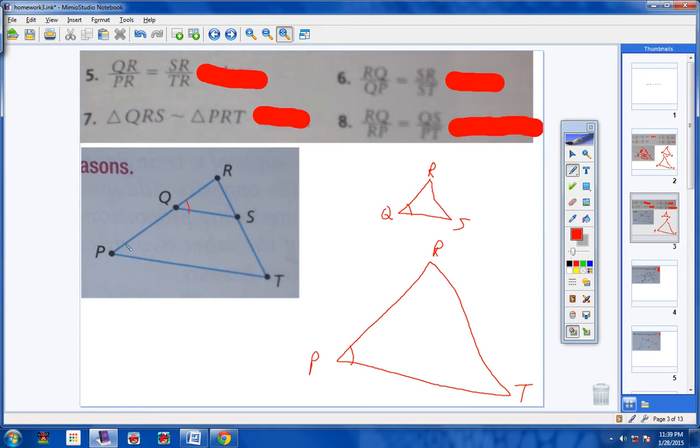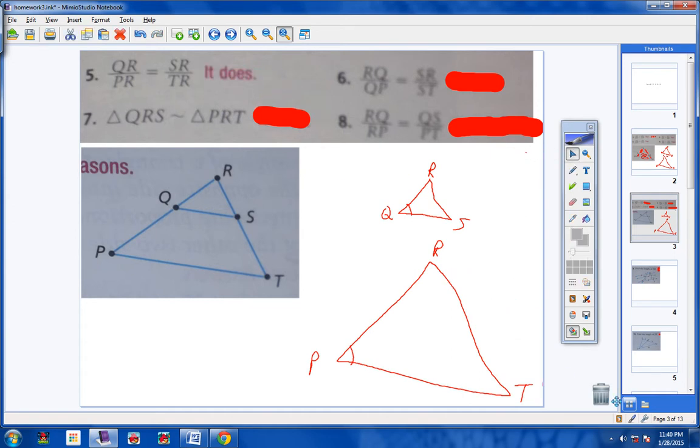Now as soon as I state that, look, we learned that when two lines are cut by a transversal in such a way that their corresponding angles are congruent, then these two lines are parallel. So I said all of that to say this. Yes, you can definitely state that the two lines are parallel.